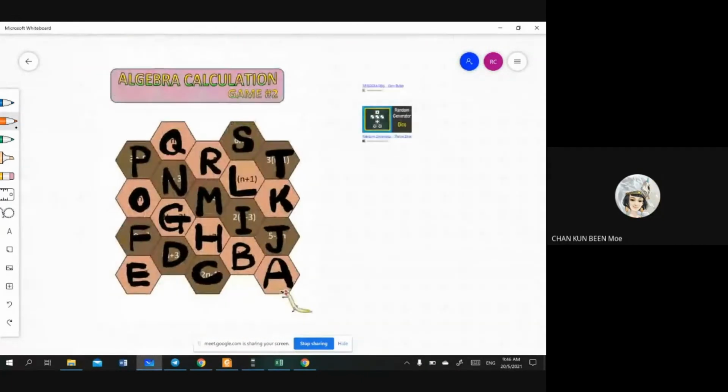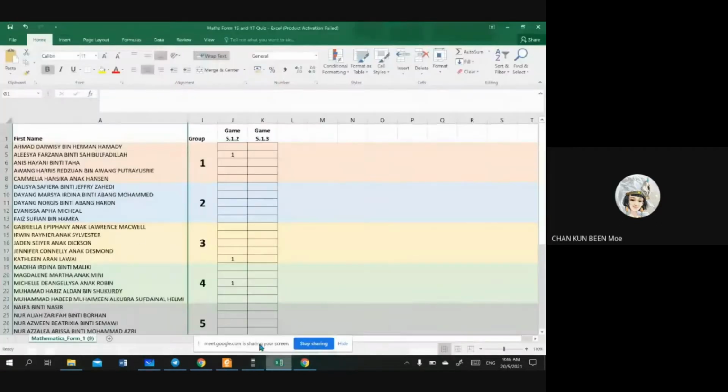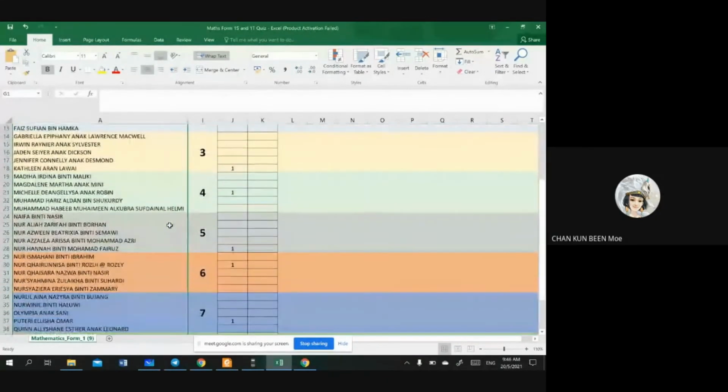Again, I have divided you into 8 groups. You still remember? I'm going to use the same groups. For those who were absent in the previous lesson, just look at your name in the group. Ahmad, Alisha, Anis, Awang, and Camelia are in group 1. Dalisha, Dayang, Dayanogis, Ivanisa, and Faiz are in group 2. Gabriela, Erwin, Jaden, Jennifer, Kathleen, group 3.